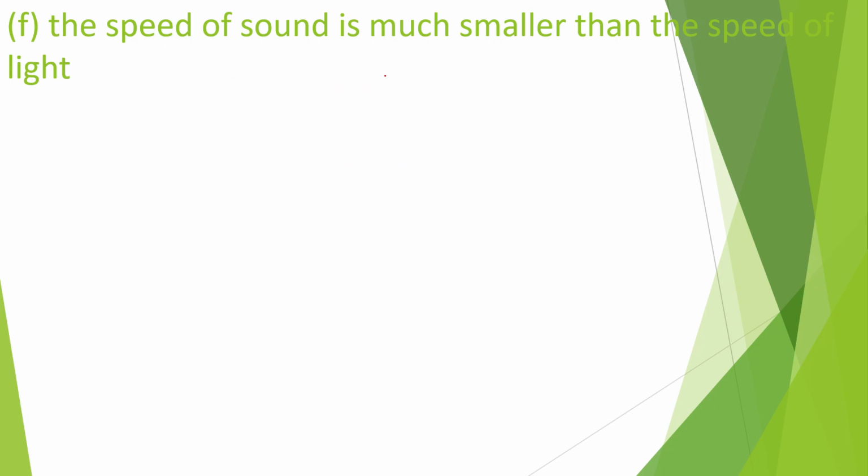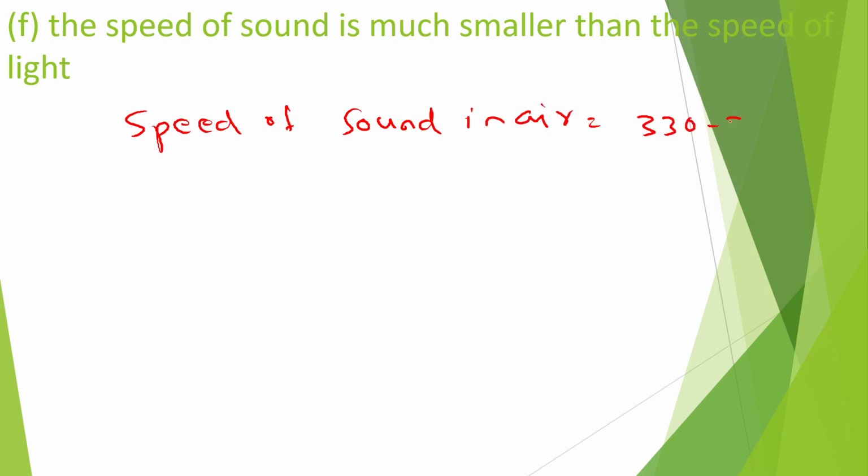The speed of sound is much smaller than the speed of light. Of course, the speed of sound varies from medium to medium. But in air, the speed of sound is around 330 to 345 meter per second.